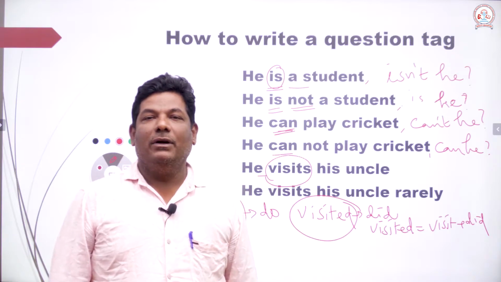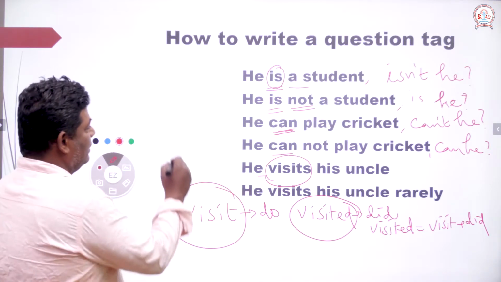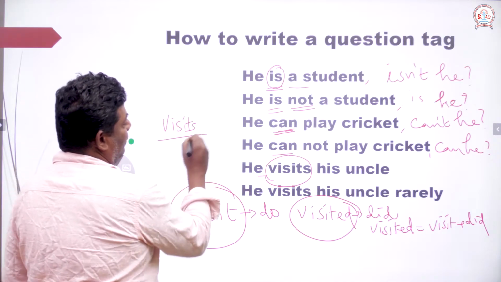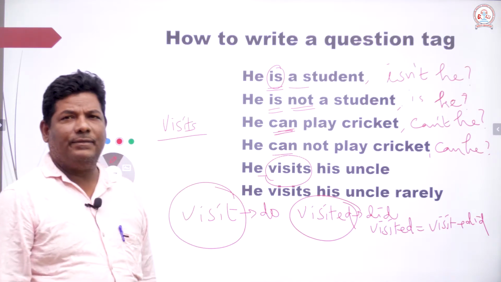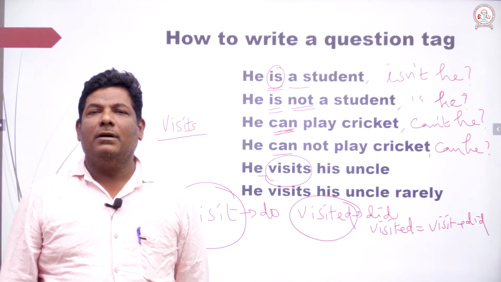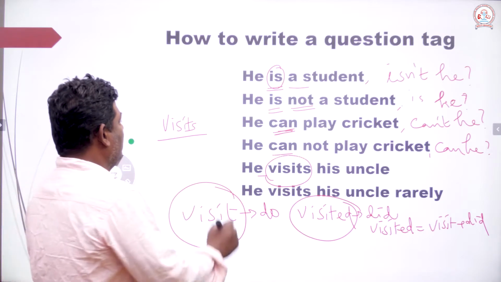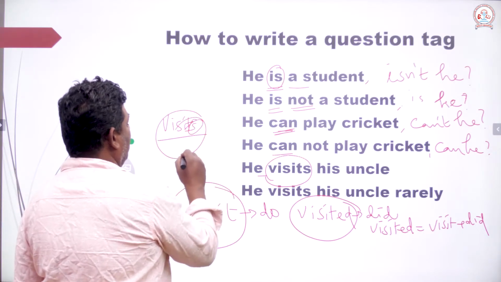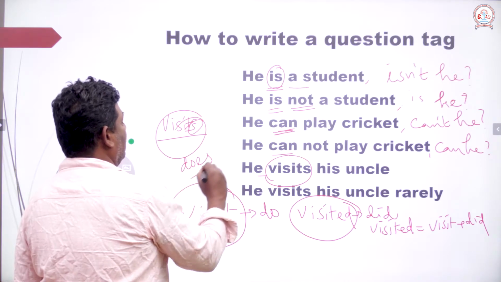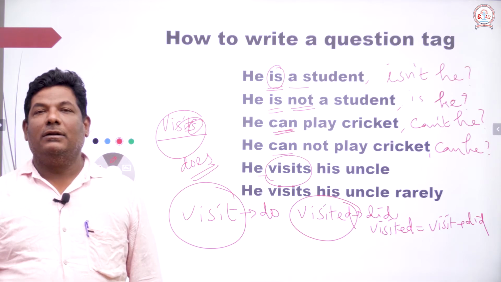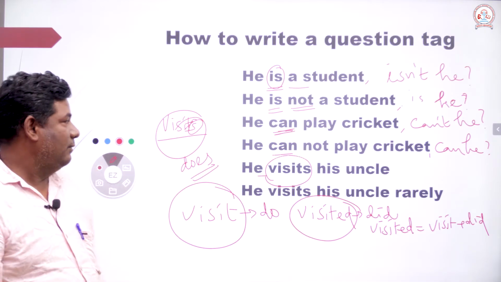Then again, if it is s with the verb, visits, whenever we have s with the verb, right, we have does as the auxiliary verb, does. Okay, does. You must write does for it.